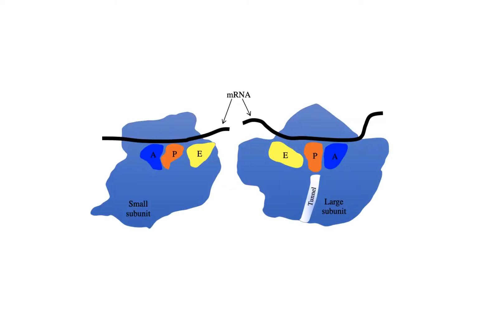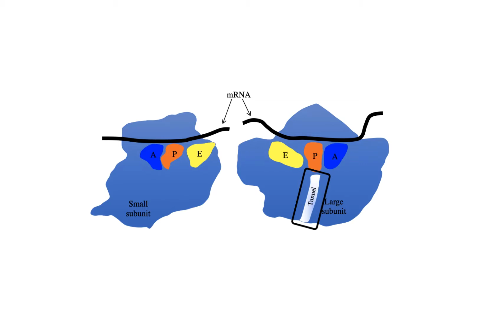So as I said in a previous video, the small and large subunits both have sites for the tRNA at the A site, at the P site, and the E site. And furthermore, the large subunit has a tunnel going through it where the growing polypeptide is pushed, and then it eventually comes out through that tunnel.